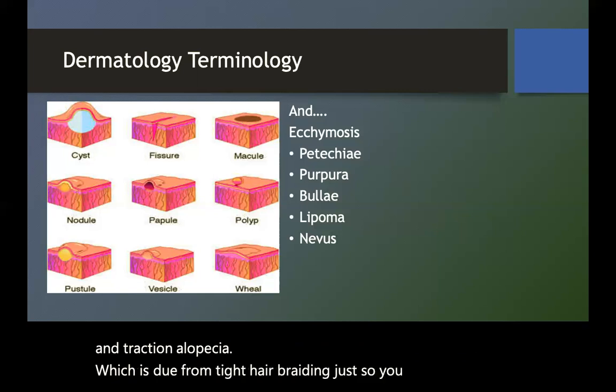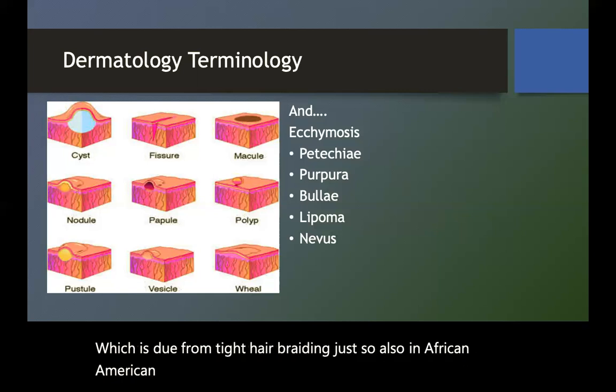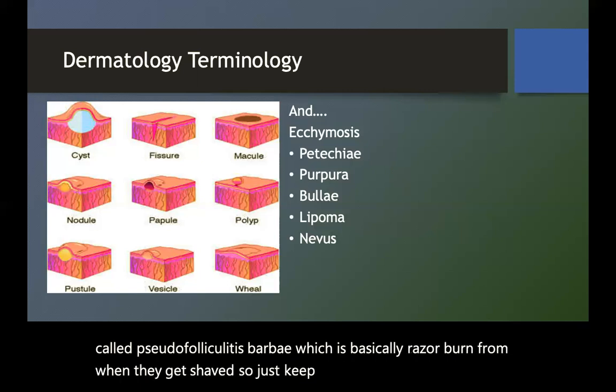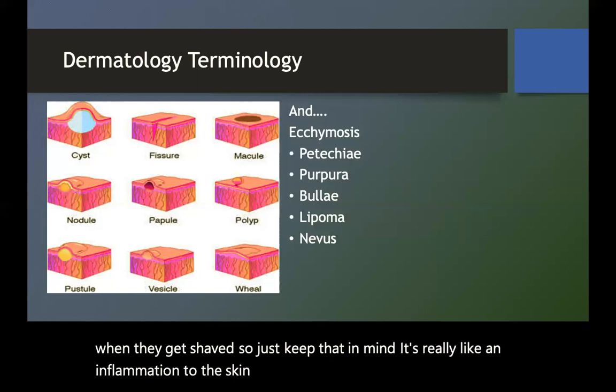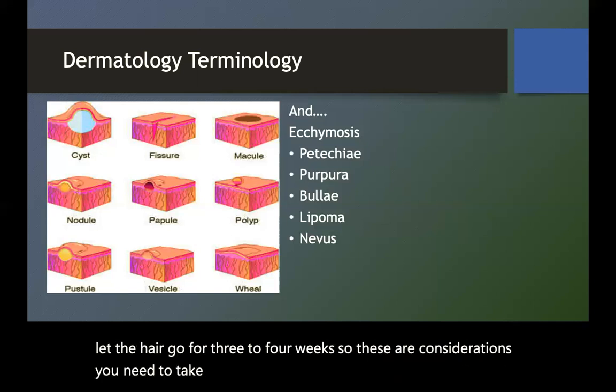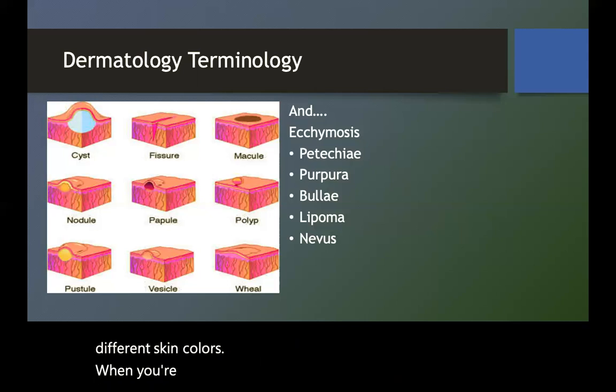Also, 60% of African-Americans are affected by something called pseudofolliculitis barbae, which is basically like razor burn from when they get shaved. It's really an inflammation of the skin, and basically the only way to avoid it is to let the hair grow for 3 to 4 weeks. So these are considerations you need to take into account in terms of different skin colors when you're assessing the skin.